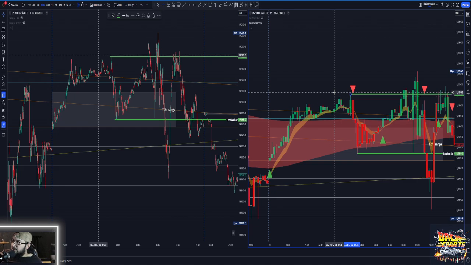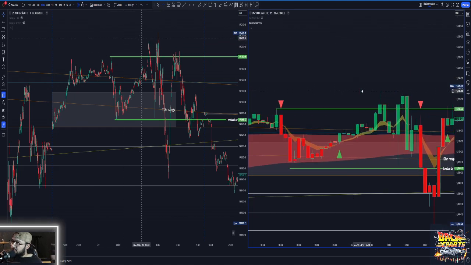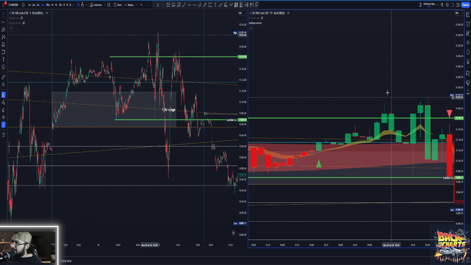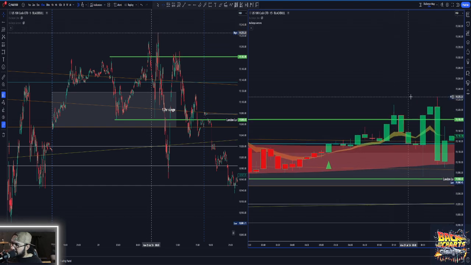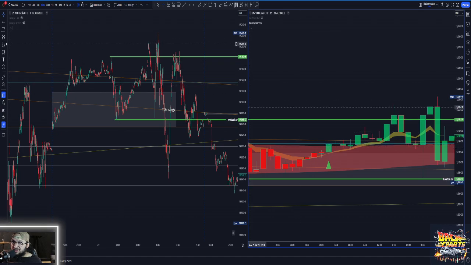Now, we have the red cloud. We want to look at the most recent arrow that has printed prior to 8:30 a.m. So 8:30 is right here. And we want to look at the most recent arrow that's printed. That's a green arrow.